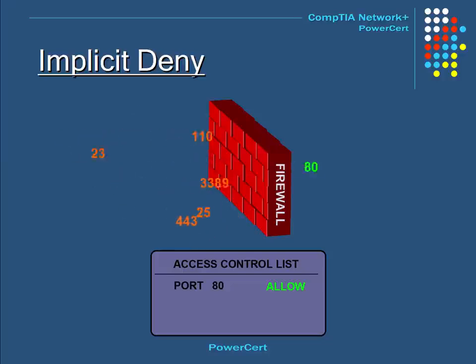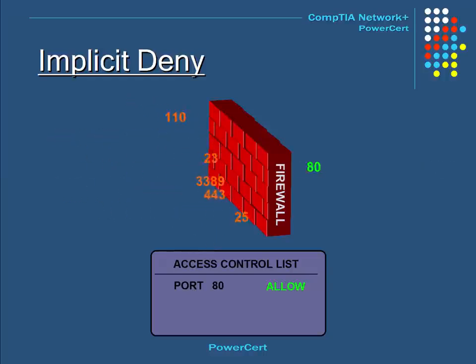So as an example, if your ACL only has one rule, and let's say that that rule has allowed port number 80, which is web pages, then that means that you'll be allowed to access web pages on your network, but nothing else. You won't be able to use any FTP, HTTPS, or incoming POP or IMAP email because the firewall has implicitly denied those ports.